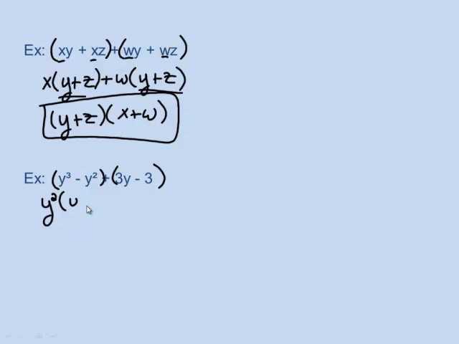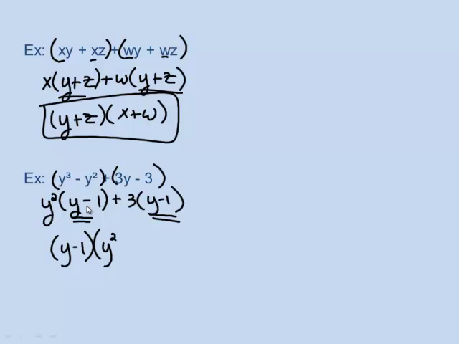That leaves us with 1y for our first term in our first group, minus y squared leaves us with 1. Out of our second group, we can pull a 3 out, and we're left with the group y minus 1 again. That is a common group, so factor the y minus 1 group out, and that leaves us with y squared plus 3 in our second group.